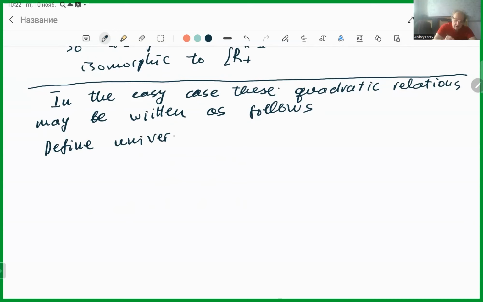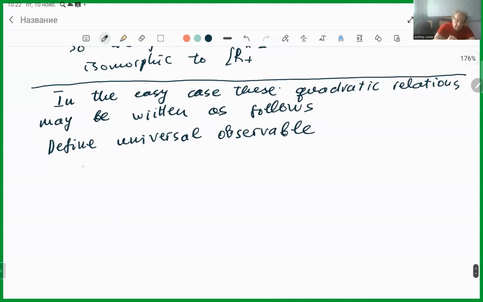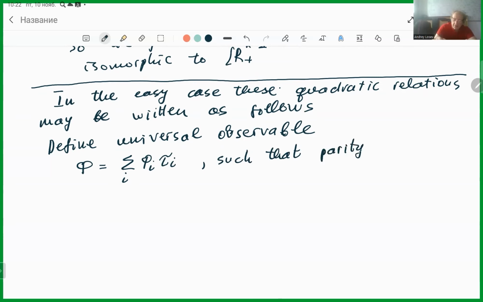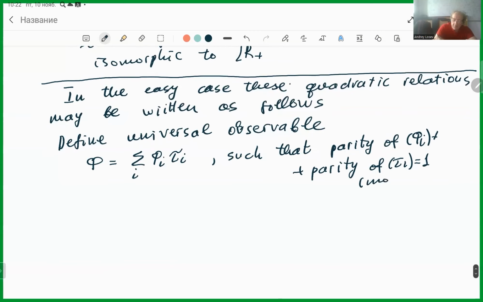Define a universal observable Phi, that is the sum of phi i, tau i, such that parity of phi i plus parity of tau i is 1 modulo 2. Define the universal relation.